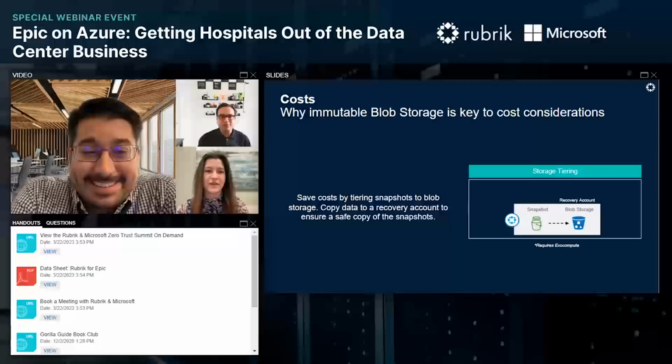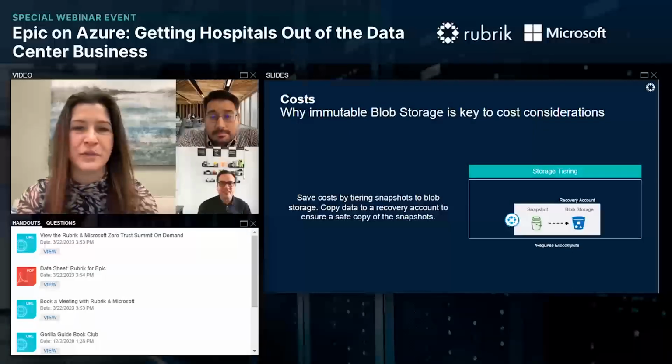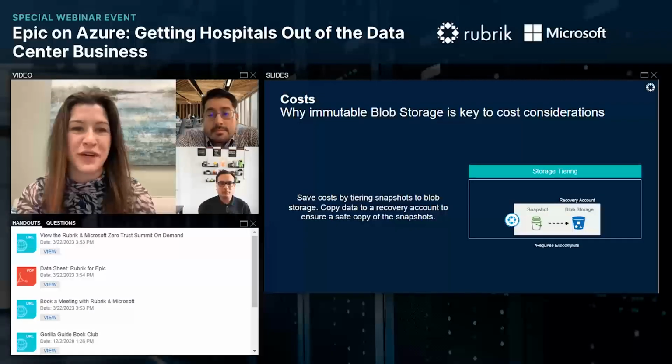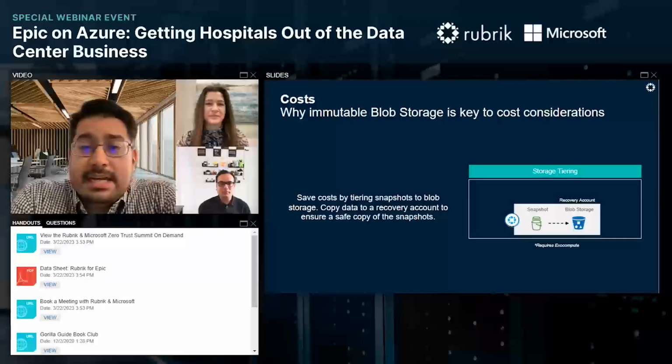Sorry. Costs. Why is immutable blob storage? What's the pickup line for the immutable blob storage specific for cost? Yeah, I think this is honestly one of the coolest things that Rubrik does in the cloud space.